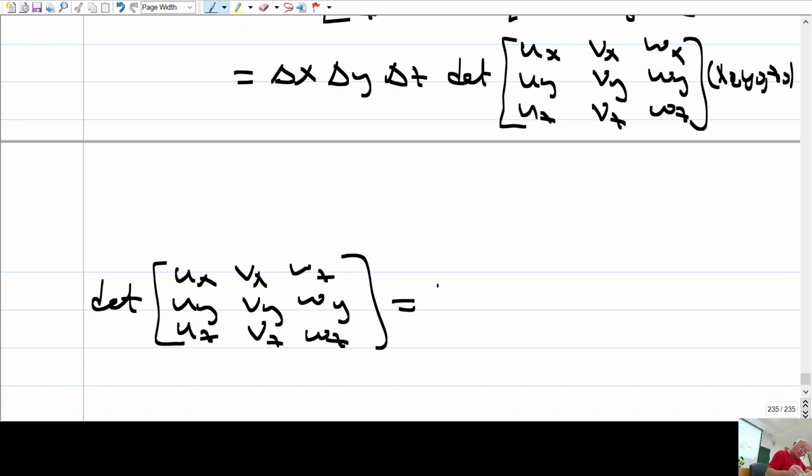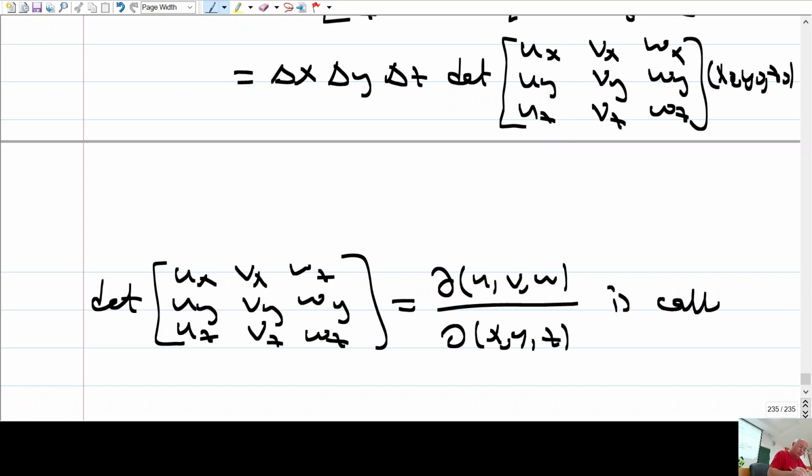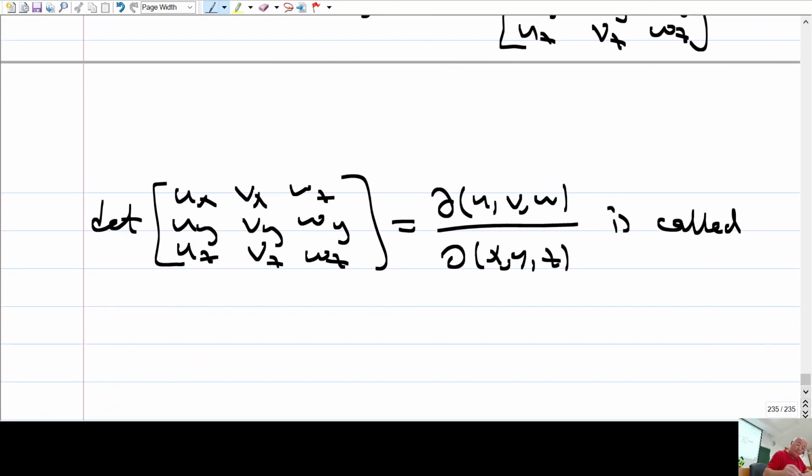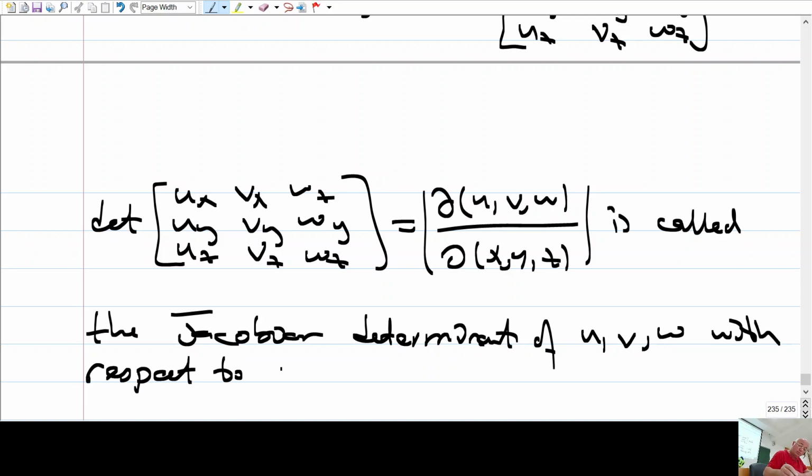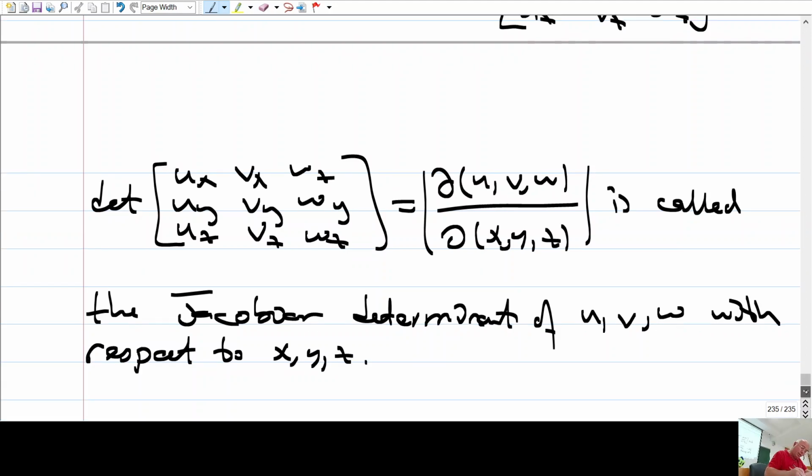We also denote this like this: the partial of u, v, w with respect to x, y, z, and it is called the Jacobian determinant. The determinant of u, v, w with respect to x, y, z. Okay.